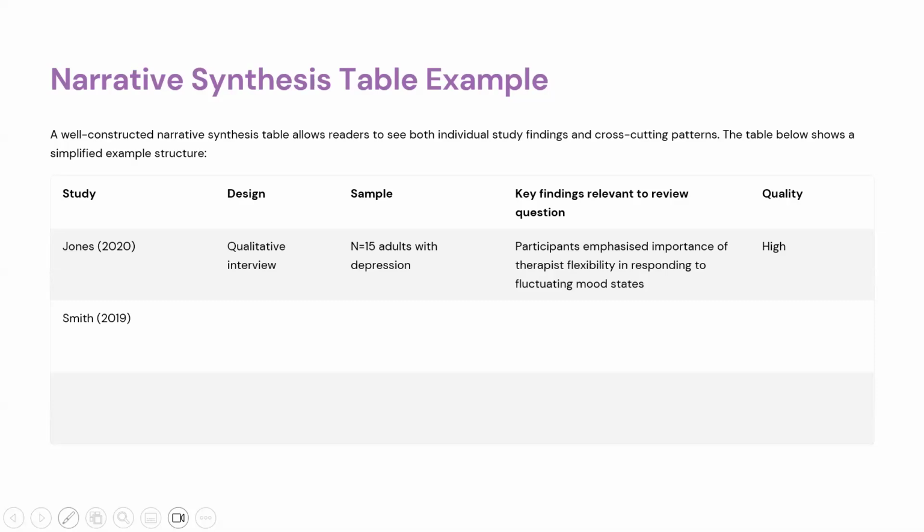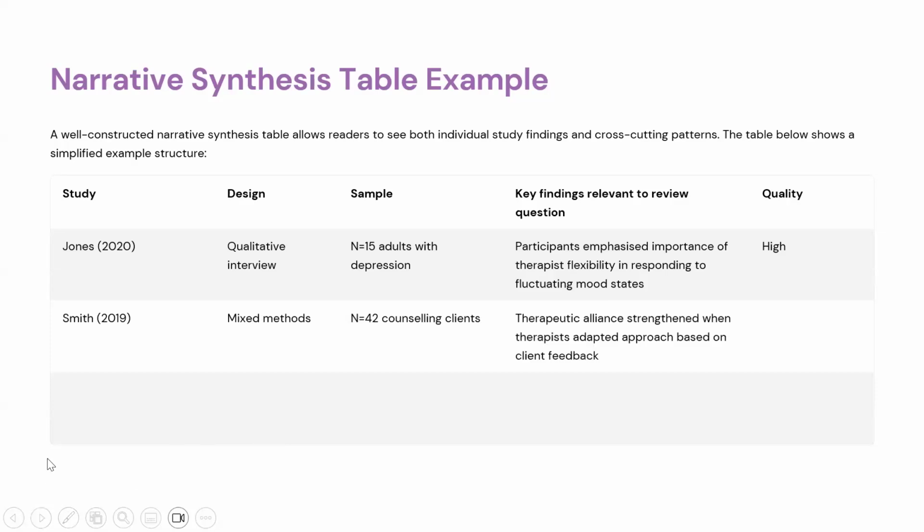Smith from 2019 conducted a mixed methods study. The sample was basically 42 counseling clients. What was the key finding? Therapeutic alliance strengthened when therapists adapted approach based on client feedback. And the quality of that is medium.